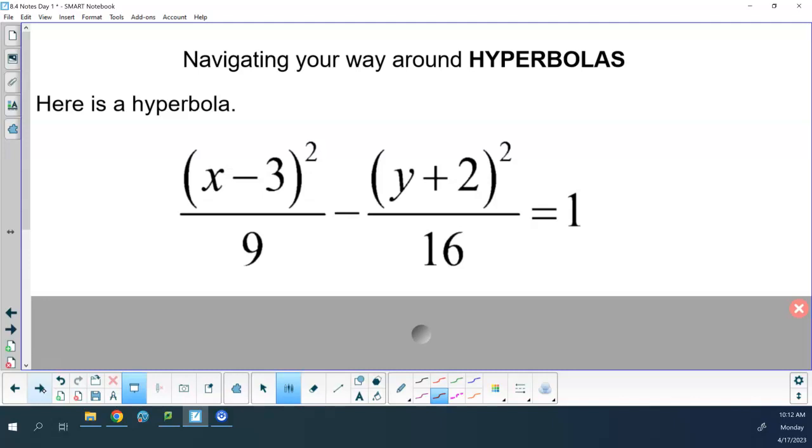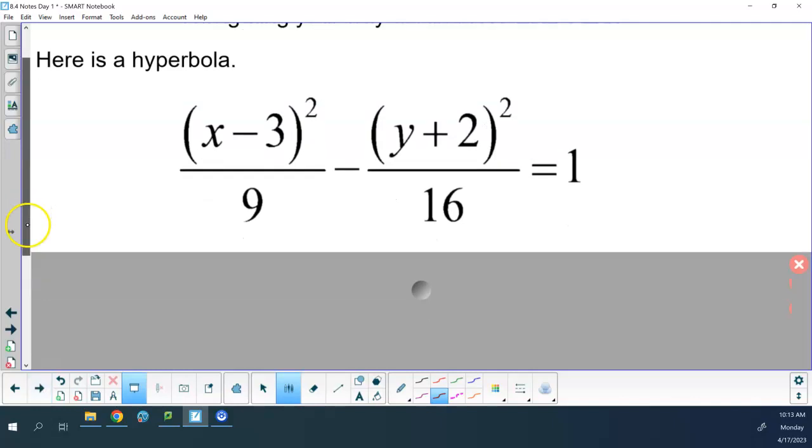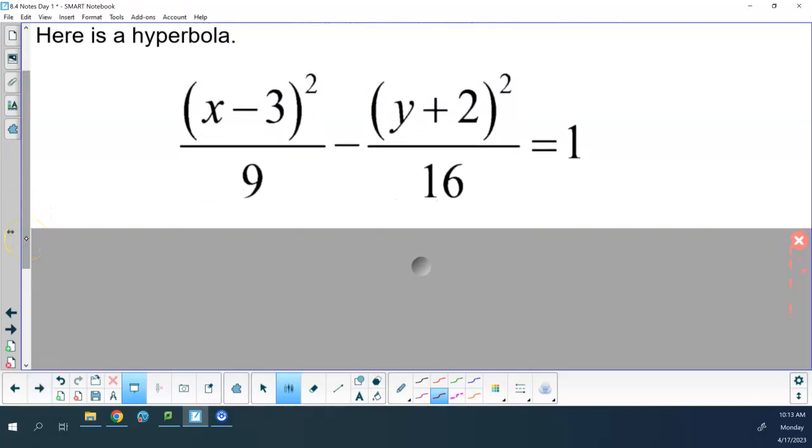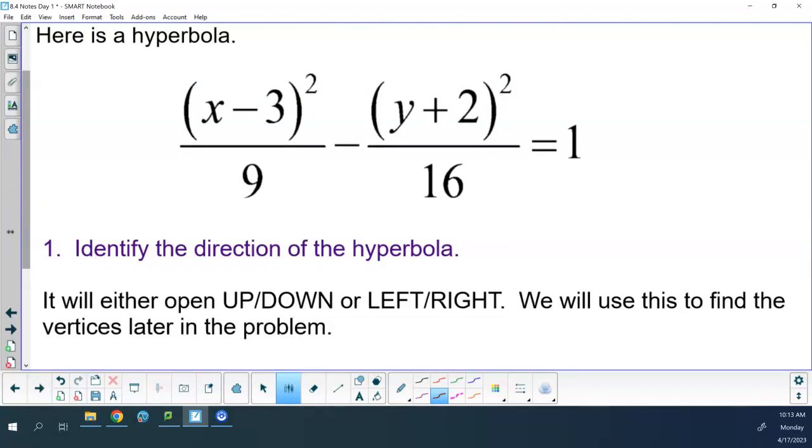Okay, so find the center, find the vertex when we had parabolas. So that's the first part of step number 1, and we'll still have that part in here. But we also have to figure out which direction the hyperbola is going to open.